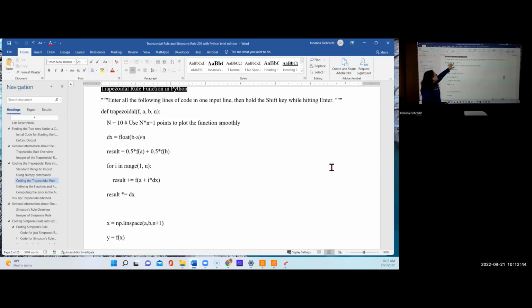So I named this function routine that I'm defining trapezoidal, and it acts on 4 different things. It acts on a function, the left endpoint, the right endpoint, and how many different trapezoids I want to take. So F is the integrand, A is the lower limit of integration, B is the upper limit of integration, and N is how many subintervals I want to divide that closed interval from A to B into.